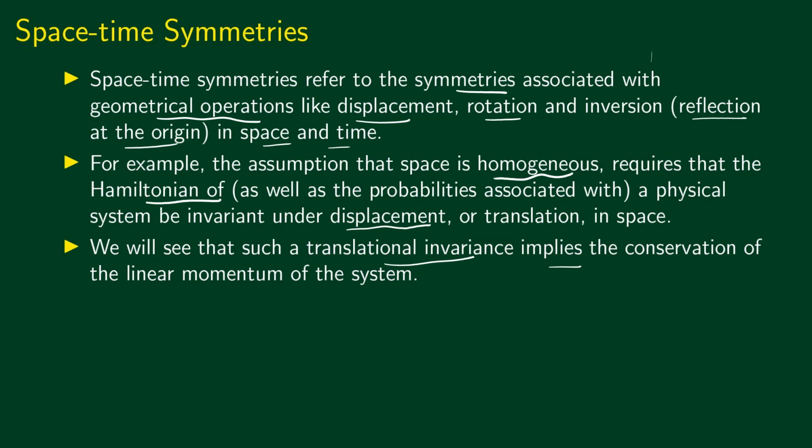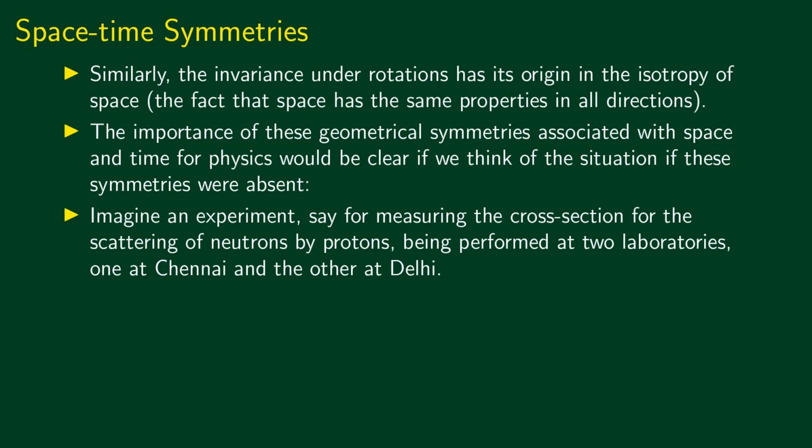Okay. Another assumption that we are familiar with is regarding the isotropy of space. Isotropy of space is the fact that space has the same properties in all directions. This means that the behavior of a physical system does not depend on its orientation. For example, you may calculate the period of a simple pendulum by letting it oscillate.